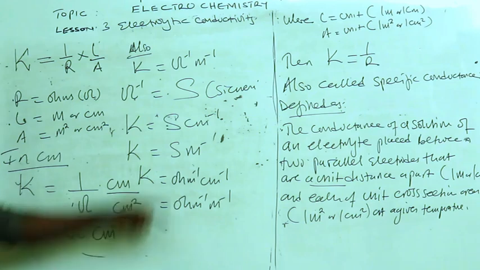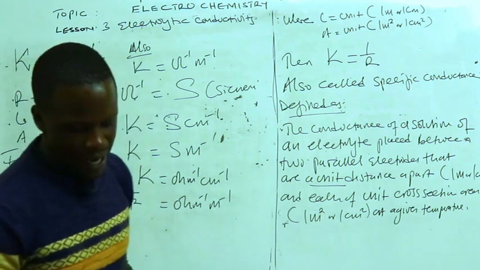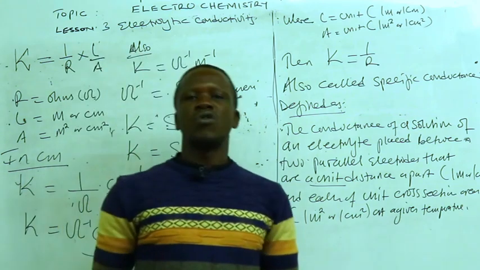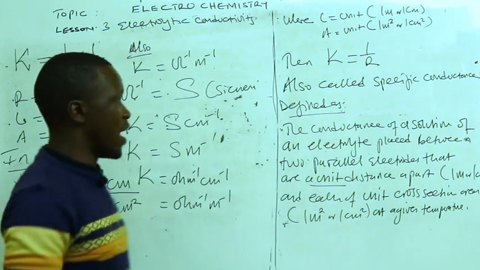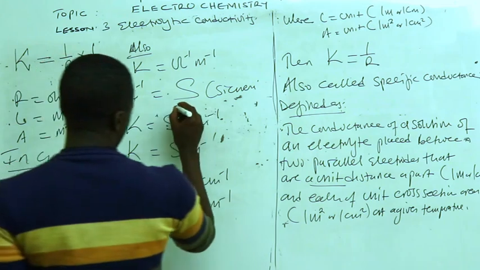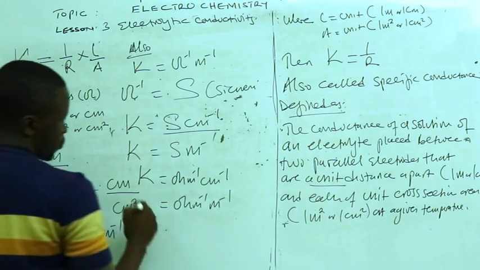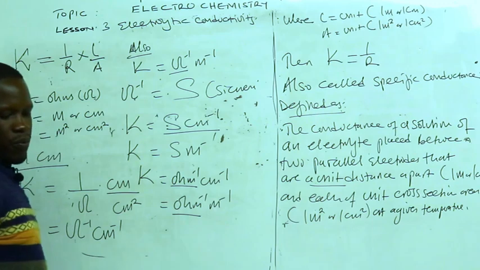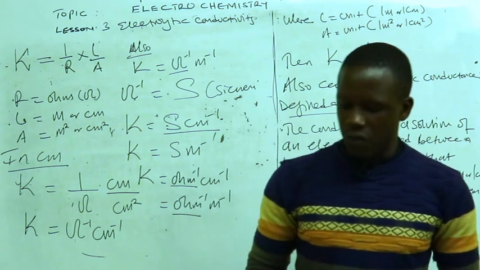So any of these units could be used to represent units of electrolytic conductivity. When it comes to calculations, it is very important to know the units of electrolytic conductivity. And so you will either find units in the modern form where we are putting the S, or you can find the word per ohm or the symbol per ohm. And that can be used in a few calculations.